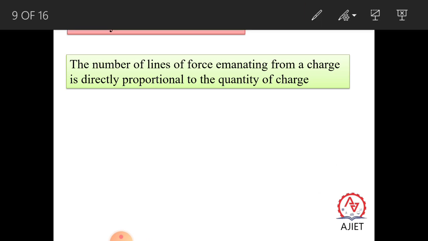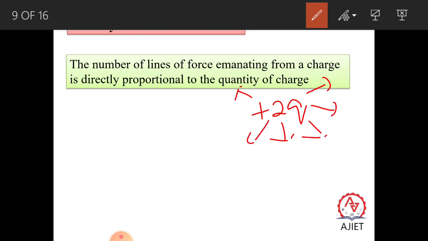That means if a charge of plus 2q is present, the number of lines of force emanating will be a particular quantity. Now instead of 2q, if I take 3q, then more lines of force are developed.